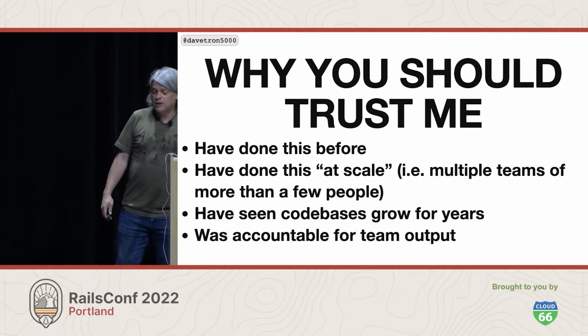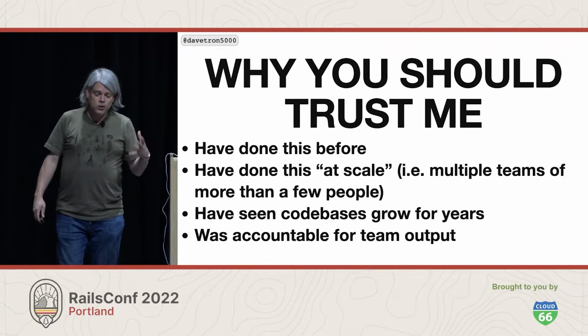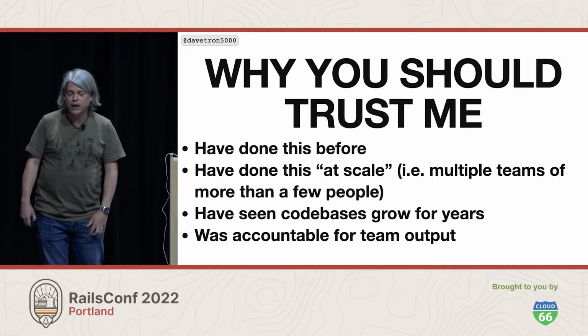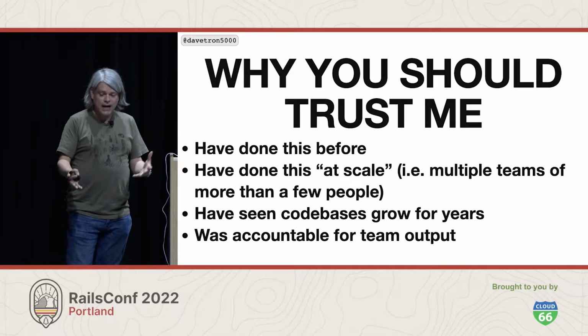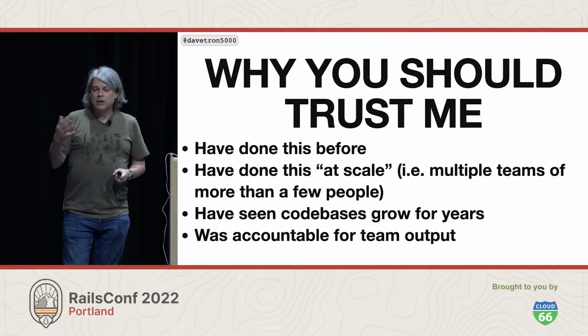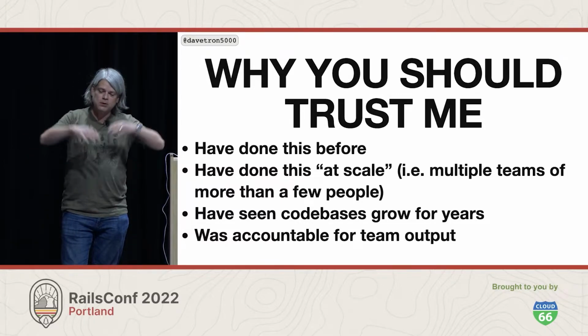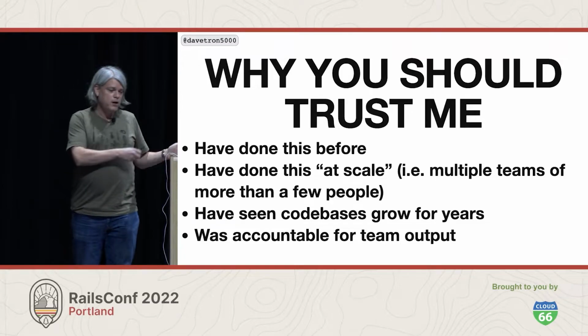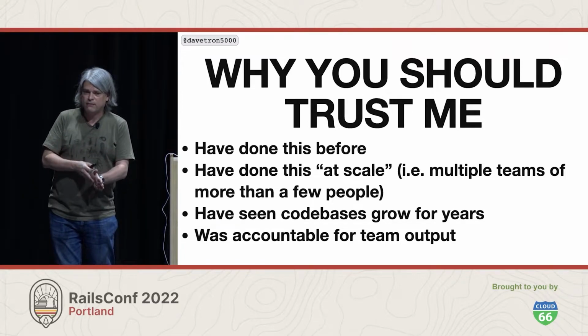Okay, I didn't really say much about who I was, because it's not super interesting, but I will say this is not something where I thought, this will be a cool conference talk, I think I'll do it. I have done this a lot at quote-unquote scale. The scare quotes are because sometimes it was me, sometimes it was a small team, sometimes it was many teams. And I've seen code bases written this way grow for 4, 5 years.